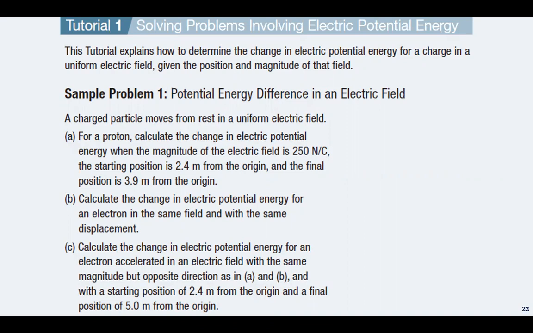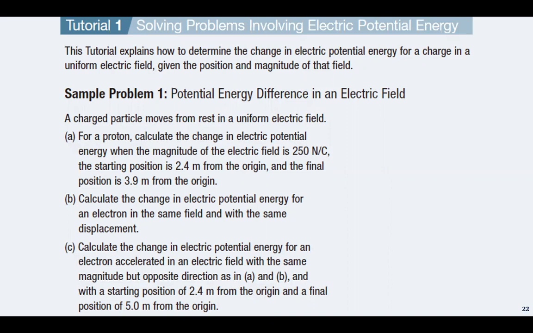Suppose a charged particle moves from rest in a uniform electric field. A: For a proton, can you calculate the change in electric potential energy when the magnitude of the electric field is 250 newtons per coulomb, the starting position is 2.4 meters from the origin, and the final position is 3.9 meters from the origin?